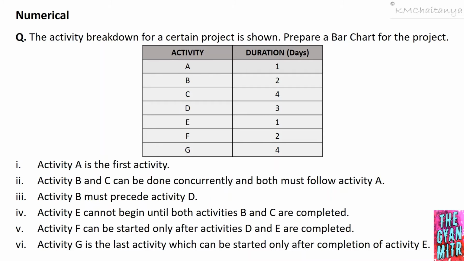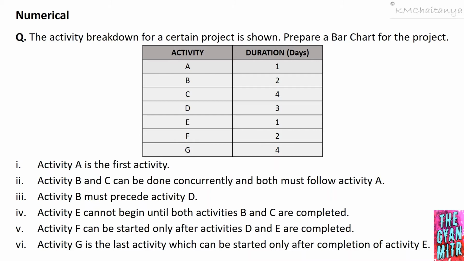The activity breakdown for a certain project is shown. Prepare a bar chart for the project. You can see in the table the different activities are given and the corresponding duration in days are also given. At the bottom we have the different relationship between these activities.